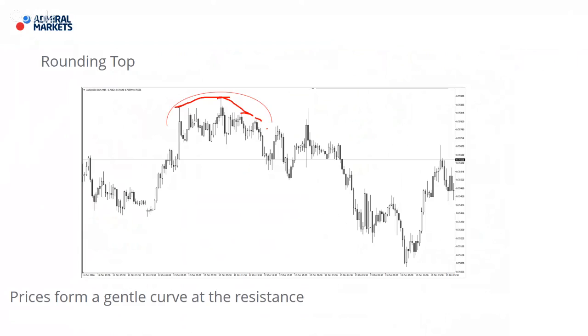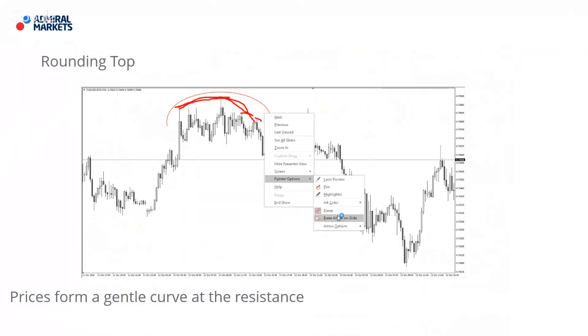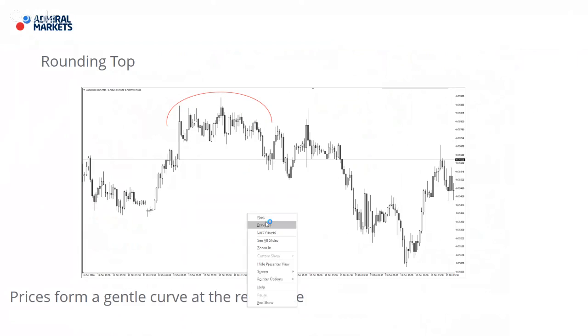If you imagine some sort of rounding shape at the top, you can connect these tops. Let me erase this. If you connect these tops, you will be able to see that this is a form of rounding top, and the price will probably break.